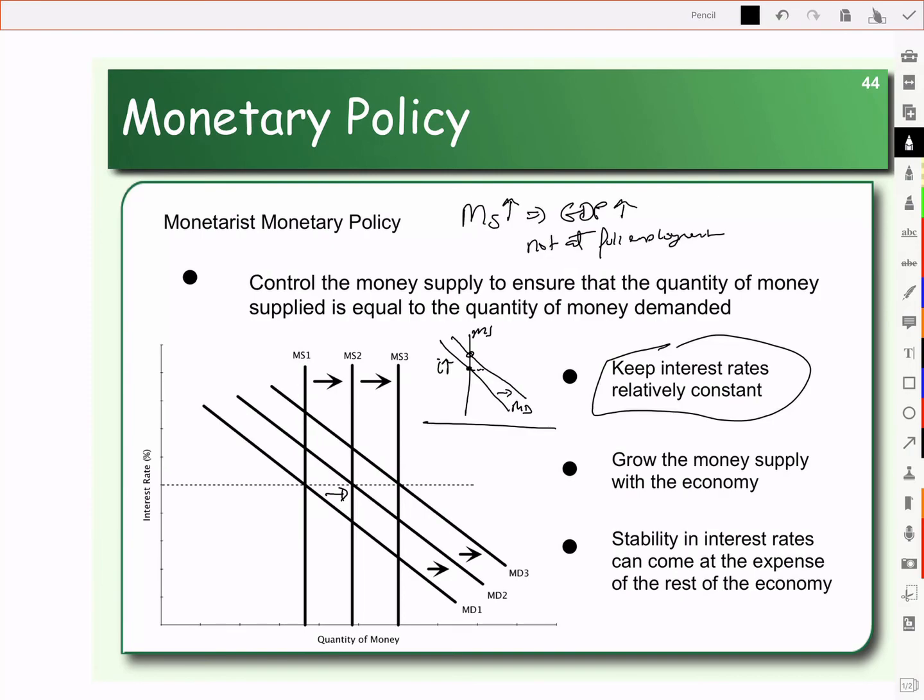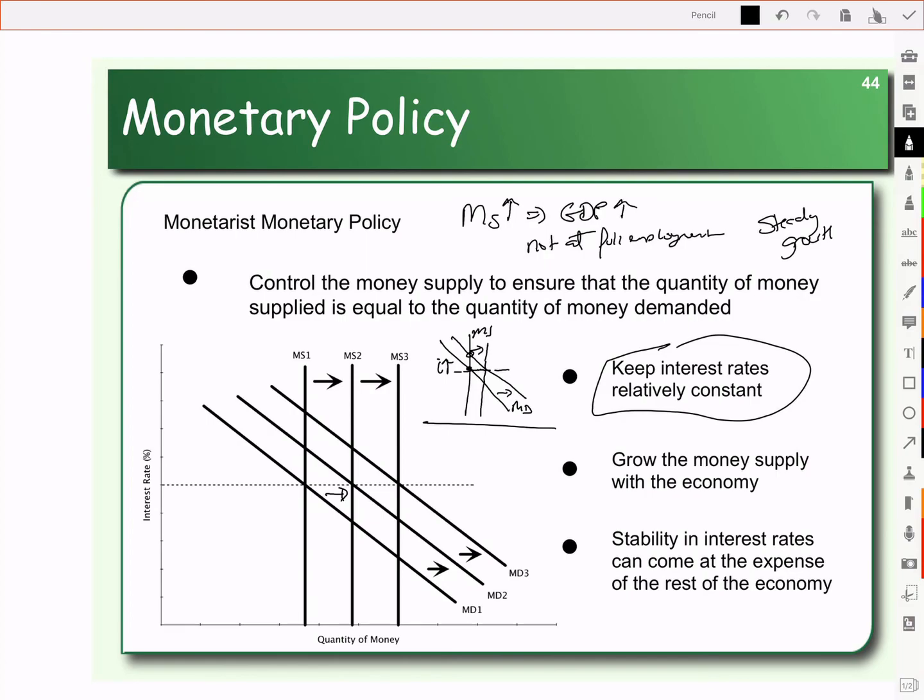But if we increase the money supply proportional to the increase in demand, we can keep the interest rates where they're at. And that way the economy will keep growing, nice steady growth. Remember that was the goal, was steady growth. And we can achieve that steady growth because as the economy grows, a bunch of people buy houses because the economy is doing well, and that growth will increase.